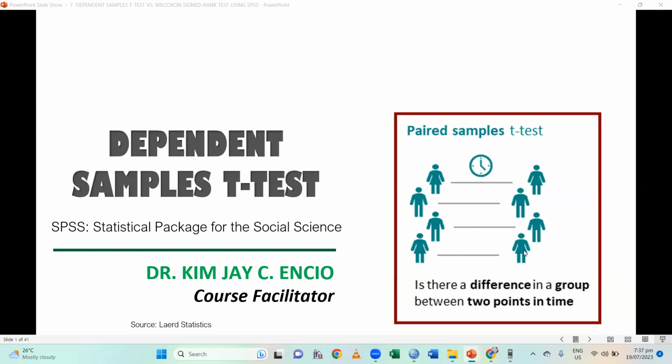Hence, if you wish to compare if there's a difference before and after a certain time frame, then the dependent samples t-test, also known as the paired samples t-test, can be used for such an objective as long as your test necessitates the use of a parametric tool.